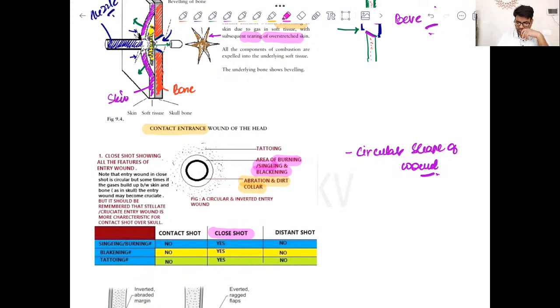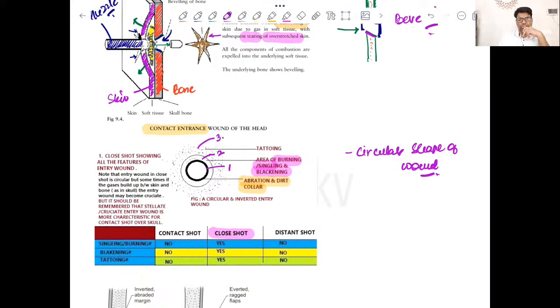So this black portion is actually the abrasion collar or grease collar, and this will be surrounded by singeing, burning or blackening. So this is first, this is second, and then third is all tattooing, right?